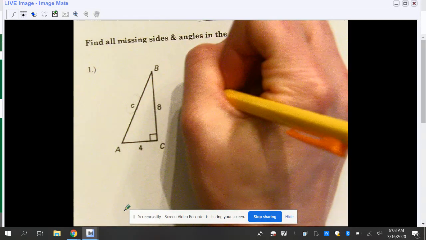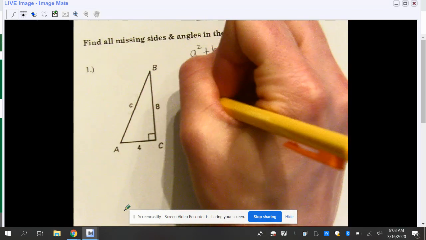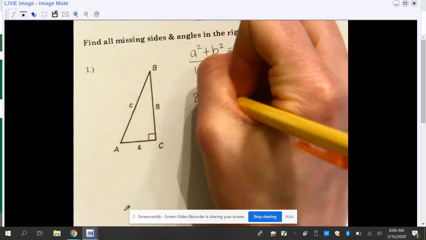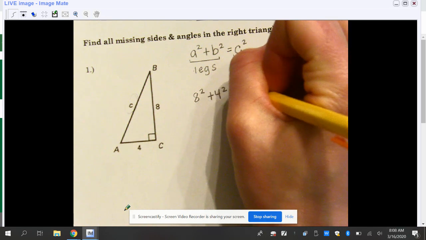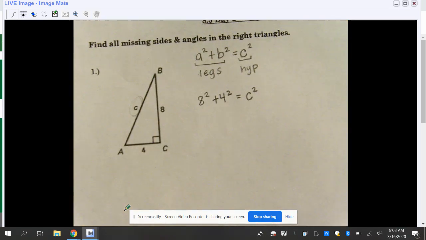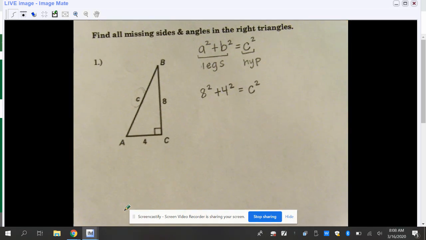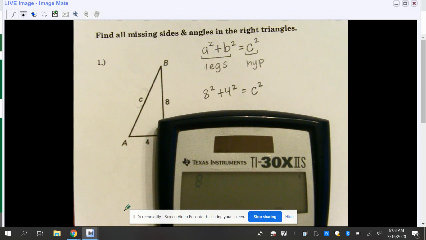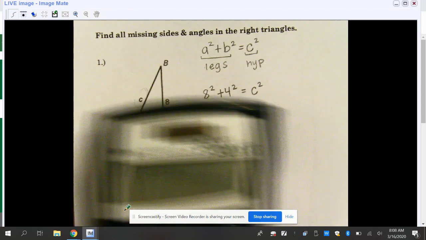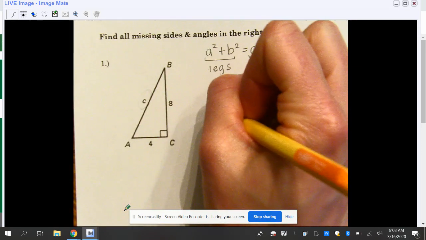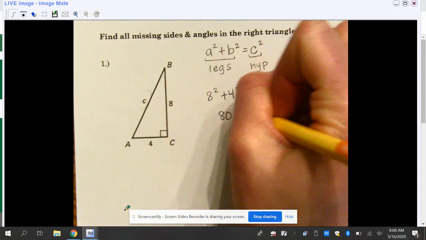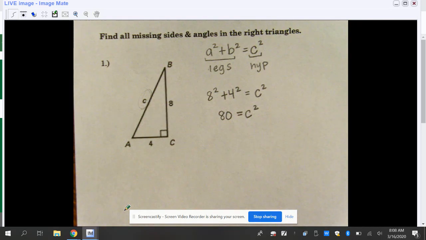All right, so I'm going to start by plugging in 8 squared plus 4 squared equals c squared. So that would be 64 plus 16 is 80. Okay, and we're going to round all these answers to the nearest tenth.